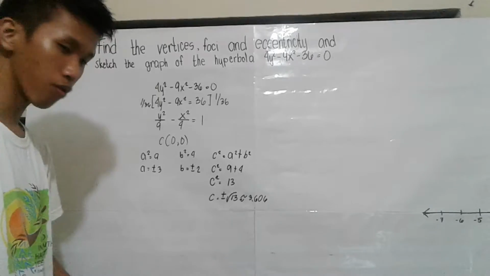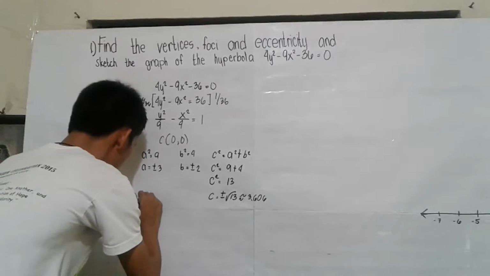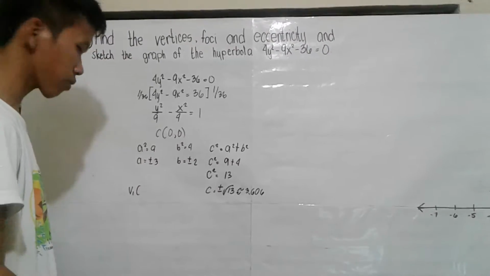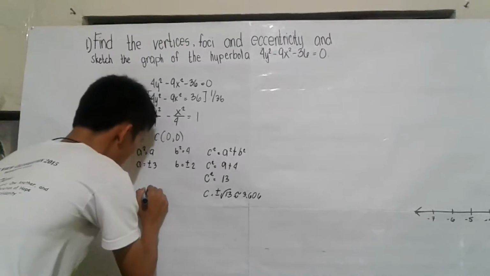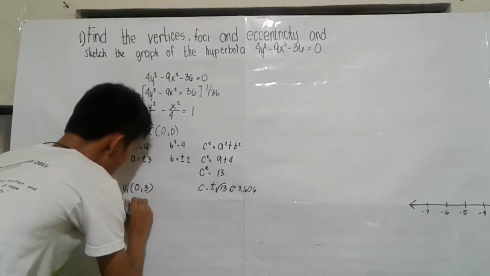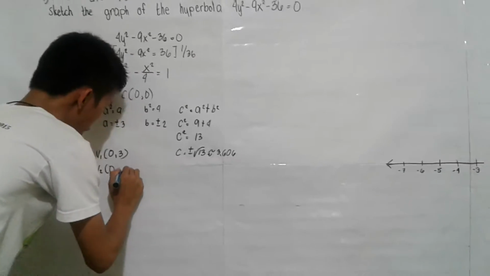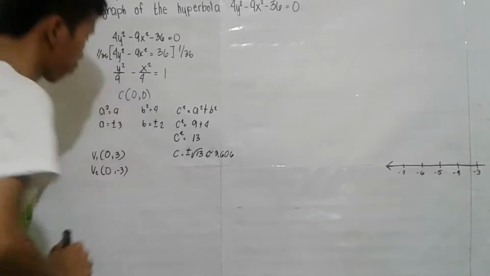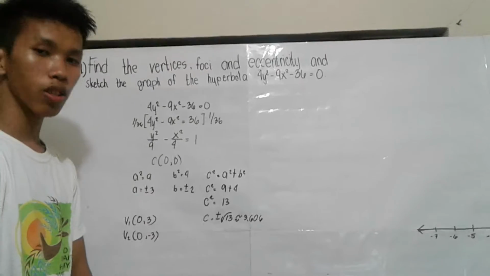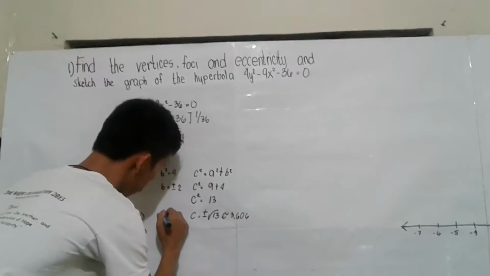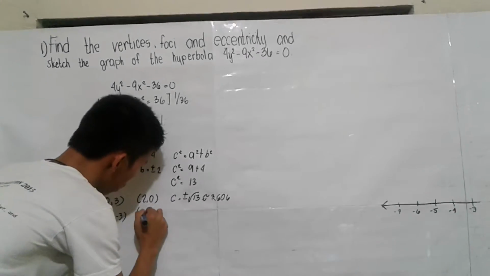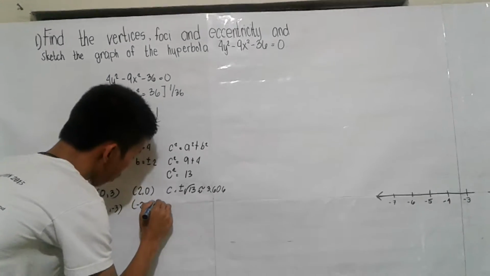First, our vertices: vertex 1 is (0, positive 3), and vertex 2 is (0, negative 3). Then the points of our conjugate axis are (2, 0) and (negative 2, 0).